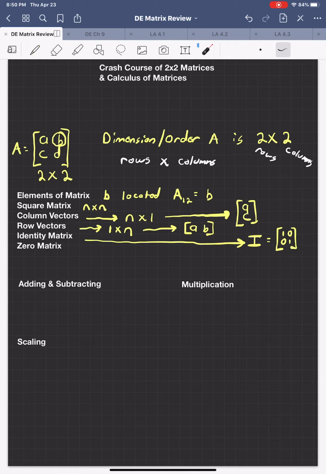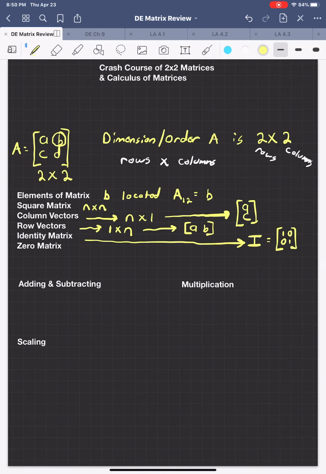Any matrix out there, including matrix A, times the identity matrix will equal itself. So A times I, or I times A, will equal A itself, just like any number times 1 would be itself.